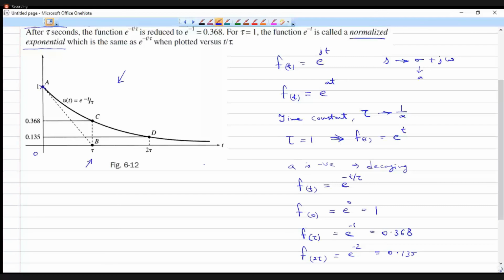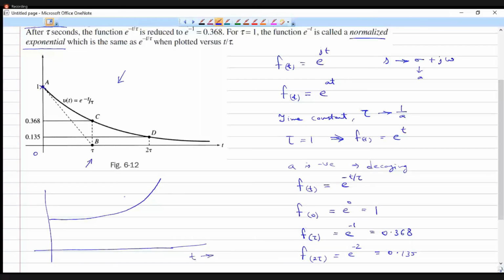Similarly, you can have an exponentially rising function, which will have this shape. Let me draw just below this. It will start from a particular value which is equal to 1, and it will rise and go to infinity as t tends to infinity.